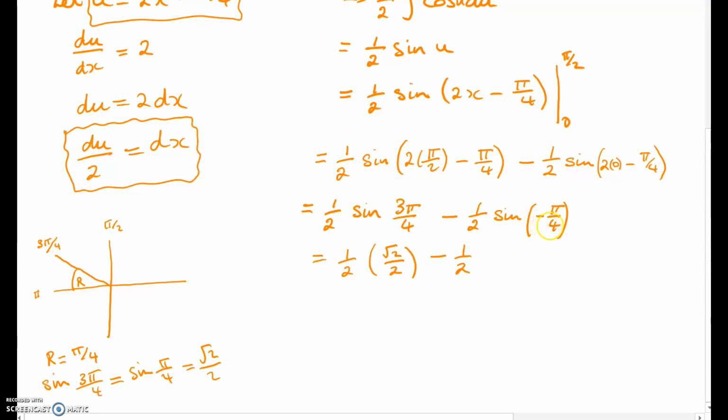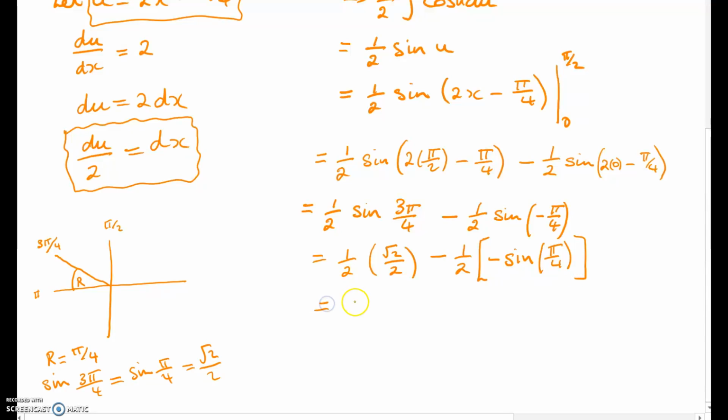Now, the sine of minus pi over 4, there's a couple of different ways of working on that, but probably the quickest way is if you know that sine of minus a is equal to minus the sine of a. That's one of the identities you'd have learned in pre-calculus. So sine of minus pi over 4 is minus the sine of pi over 4.